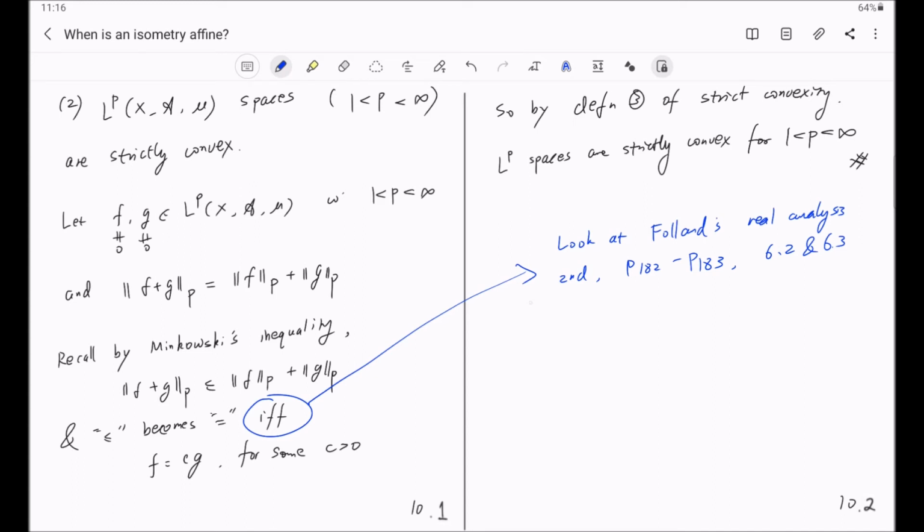And in particular, you want to look at the proof of 6.3 for the case when p is greater than 1 and less than infinity. Actually, this condition for the inequality becoming equality only holds for the case when p is greater than 1 and less than infinity. When p is equal to 1 or infinity, things will get very complicated, as we will see in the following example, or non-example.